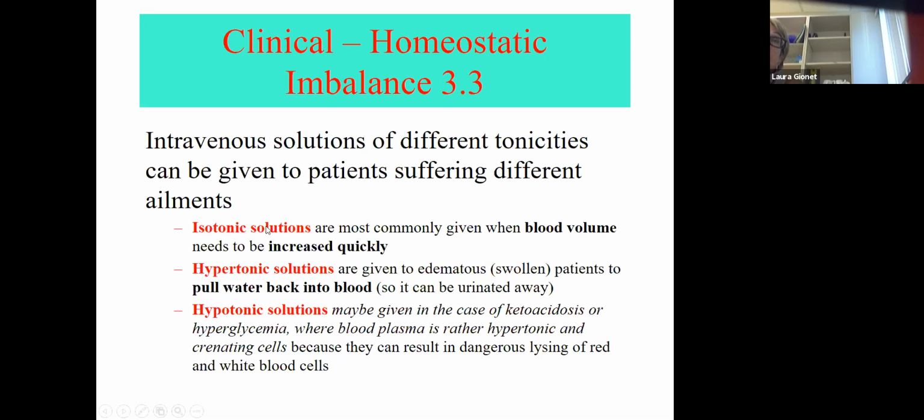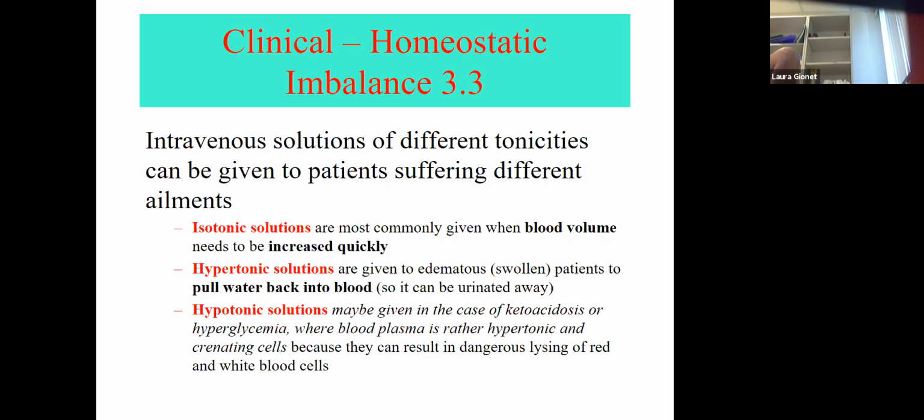And it's isotonic, it's the same osmolality as that which should normally be in blood, and you're just going to increase the amount of water and restore what's called the plasma portion, which should be 55% of your blood, and that can be done rather quickly. But there are examples of using hypertonic solutions and hypotonic solutions.